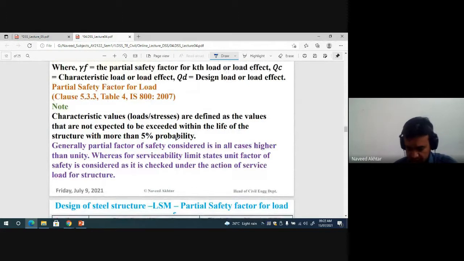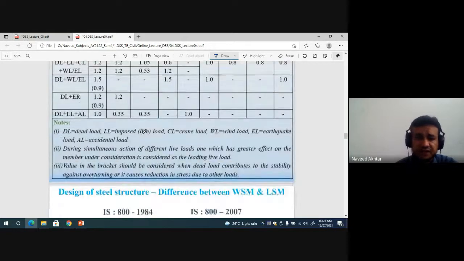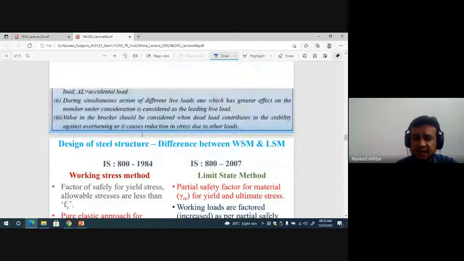The load calculation has uncertainty in the calculation. It is not related to the material safety, and the material is produced and the product is made in the factory. So there may be some uncertainty, and that is considered.